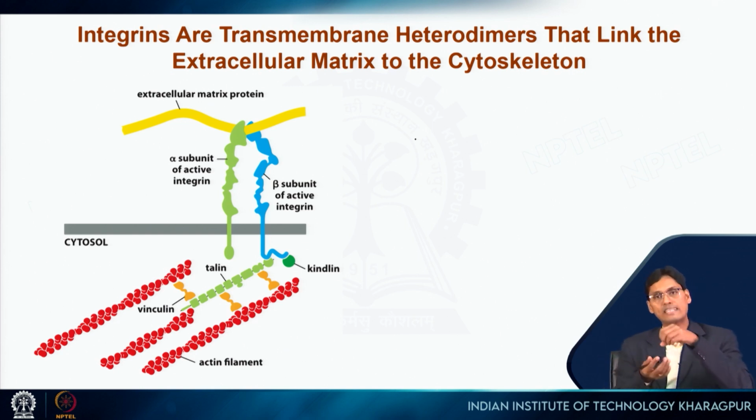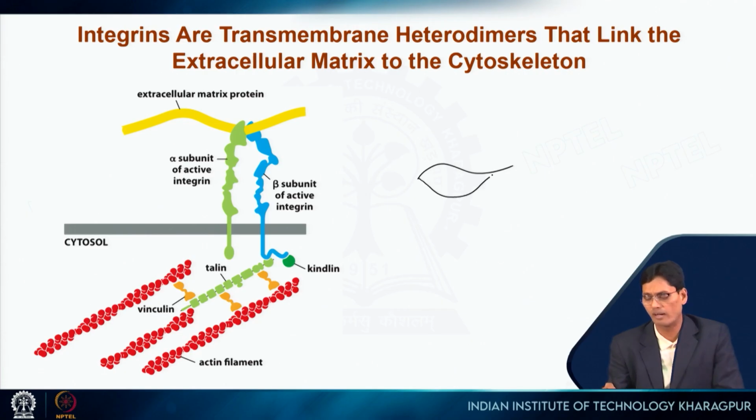So, a cell-to-matrix junction should also be there. Here you can see, in connective tissue, not even epithelial cell, this is one cell with its nucleus, and another cell with its nucleus.